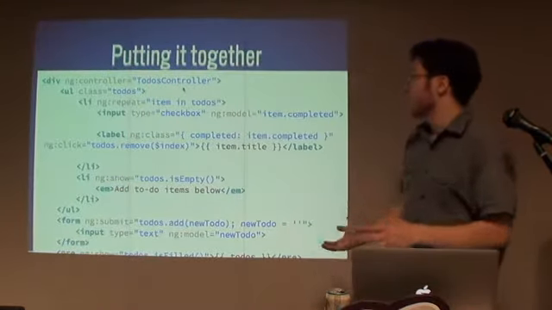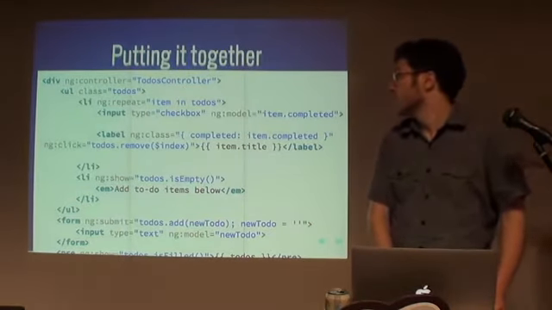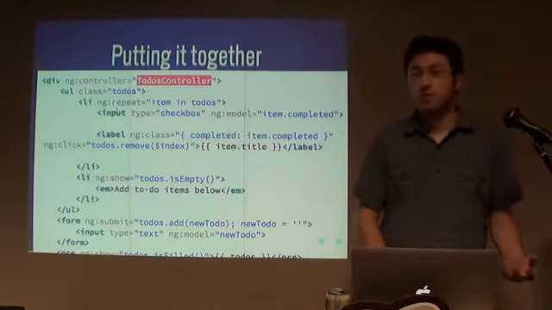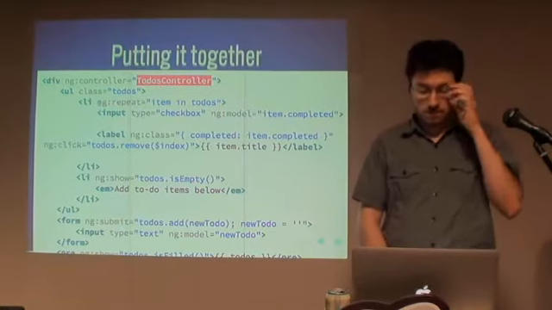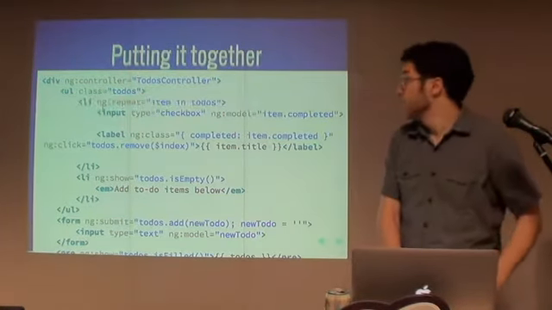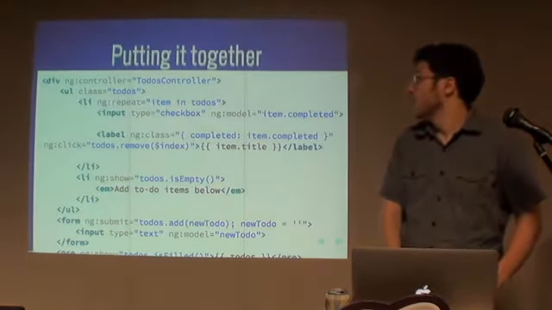So here's an example of how to implement that. We have a controller that's managing our to-dos, the to-dos controller. And here we're iterating over each of the to-do items.